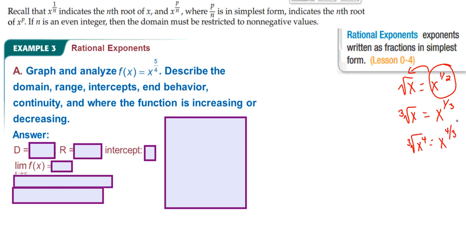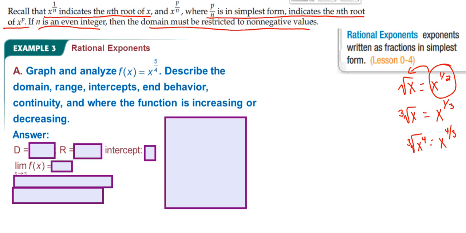So x to the 1 over n indicates the nth root of x, and x to the p over n, where p over n is in simplest form, indicates the nth root of x to the p. If n is even, then the domain has to be restricted to non-negative integers.